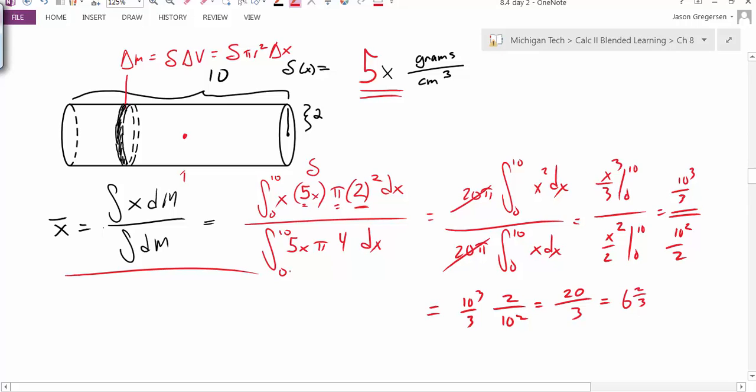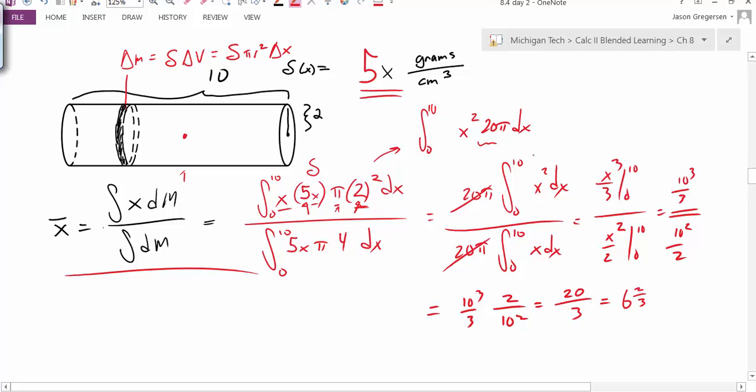Sure, so I am right here. Let's do one in-between step here. I'll just do it with the top integral. I have the integral from 0 to 10, and I have all this stuff, so I'm just going to group it a little bit. I have x times x, that's an x squared piece. I have 5 times 4 times pi, that should be 20 pi, dx.